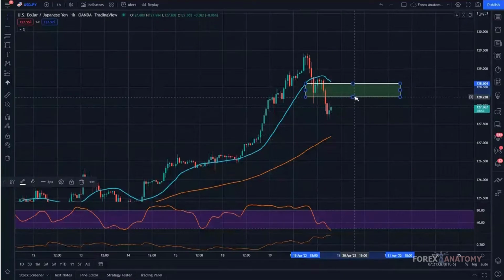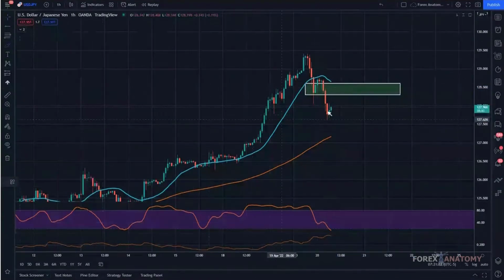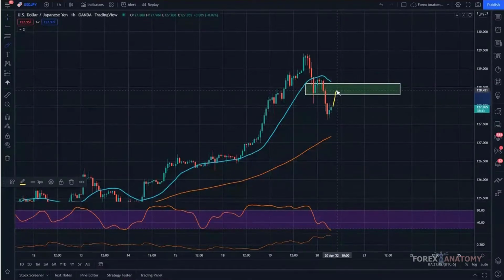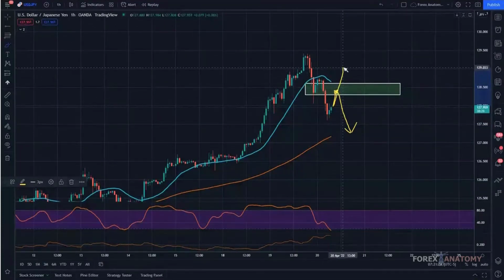We want to see how price responds to this structure, because one of two things will happen. For one, price will either push up here, respect this area of structure, and then slide down, or price could push up, break, and close above this level.